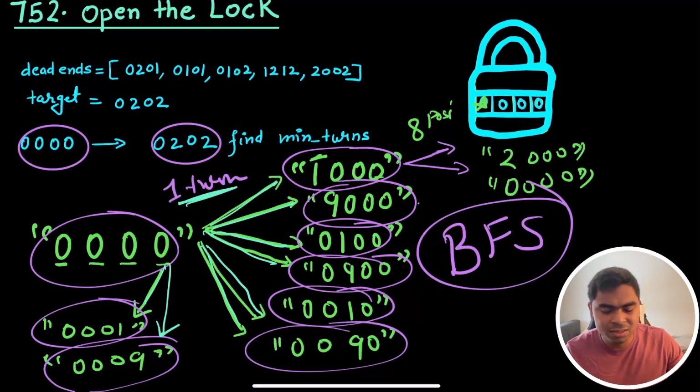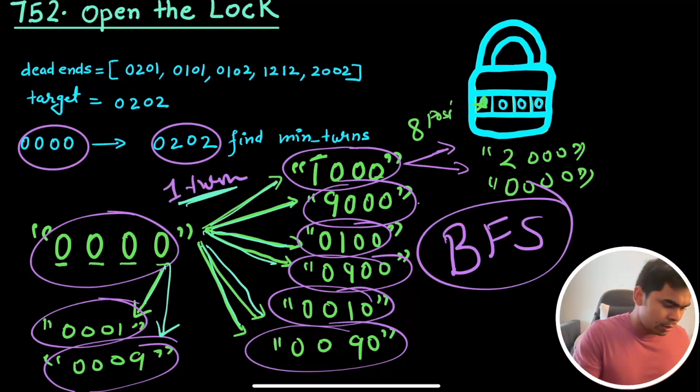If it is our answer, then we just return the number of turns. Otherwise we append that to the queue, given that it's not in my visited set, and also it's not in my dead ends. All right, so let's get into our answer. I think that was super clear.